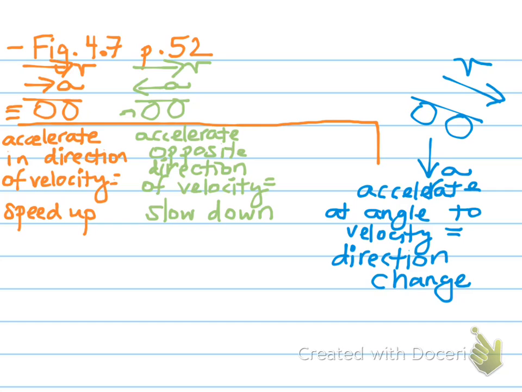So again, acceleration can happen from changes in direction. This third one is an example of that. Okay, our acceleration is downward, and we're changing our direction of movement.